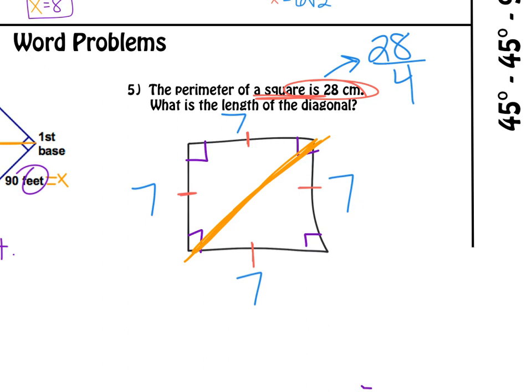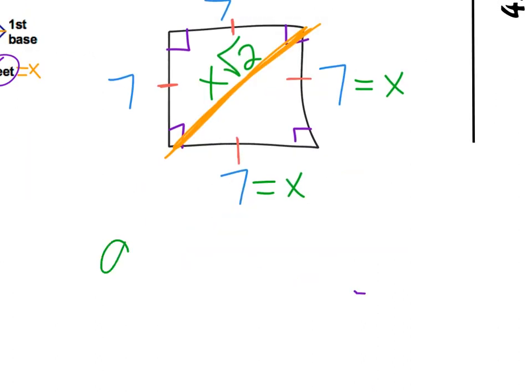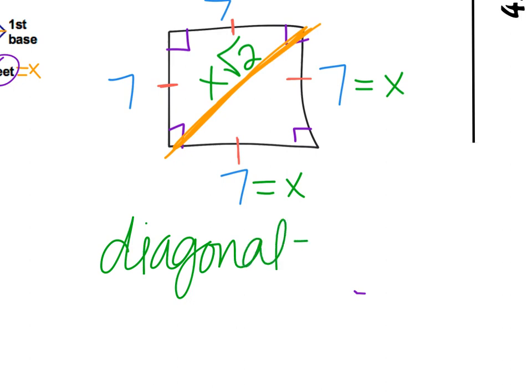But if I go back through and I label my sides, I know that this is x, and my hypotenuse is going to be x square root 2. So the diagonal is going to be 7 square root 2 because I already know that x is 7.